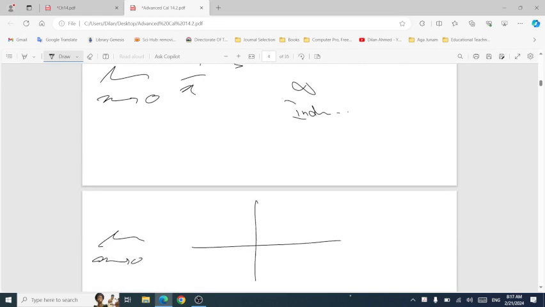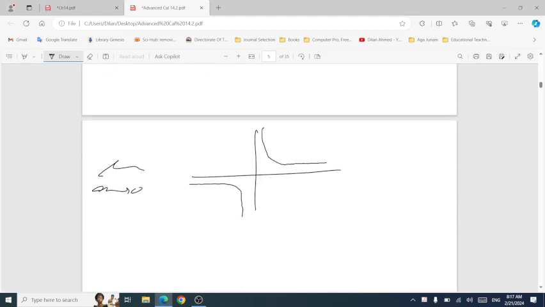How was the graph of 1 over x? Right? When I'm going to 0 from the positive side, I'll get positive infinity. Y is going to where? When I'm going along the x-axis to 0, my graph is going over y, up.